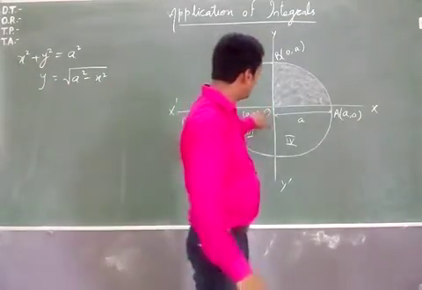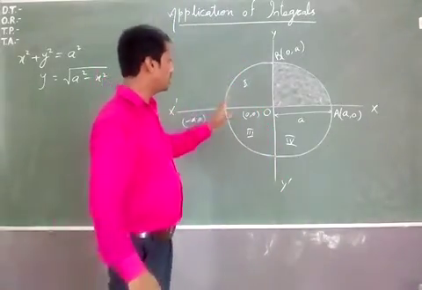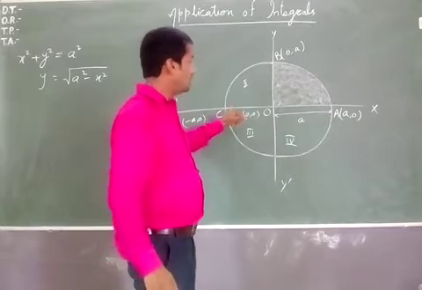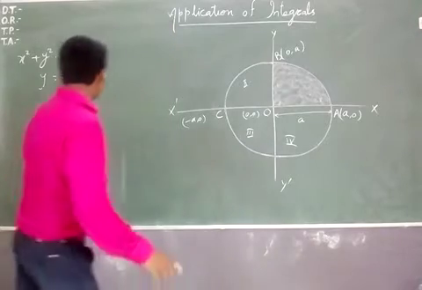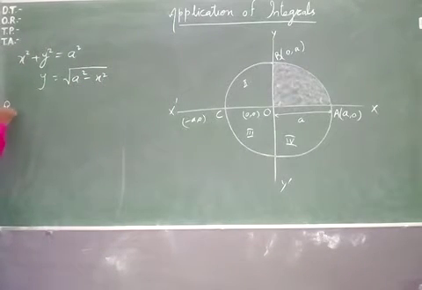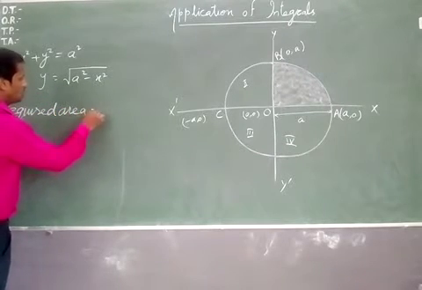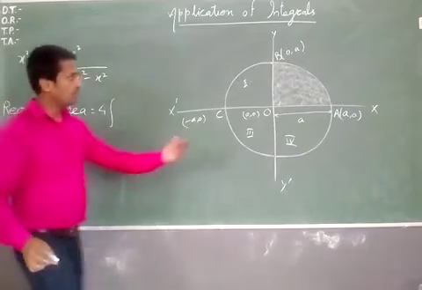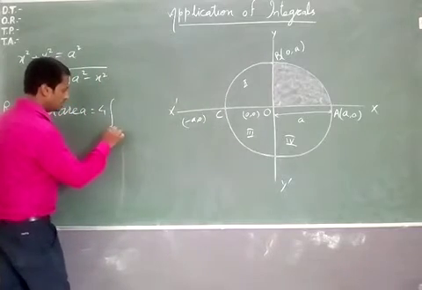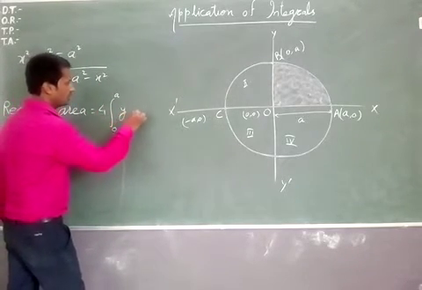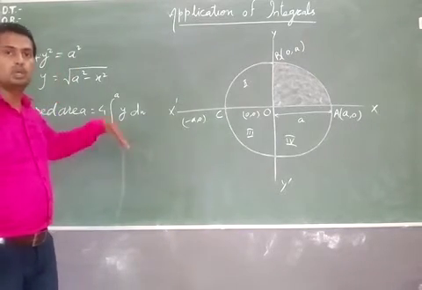We will find the area in the first quadrant and multiply by 4, or we can find the area on x-axis, meaning the upper part, and multiply by 2. So we are using here required area equal to 4 into integral, with the interval 0 to a, of y into dx, because we are using the limit on x-axis.